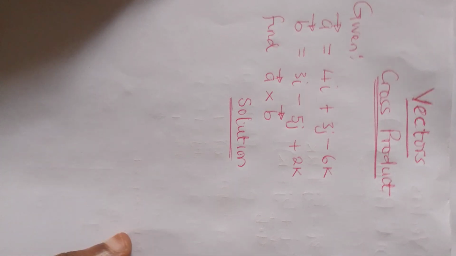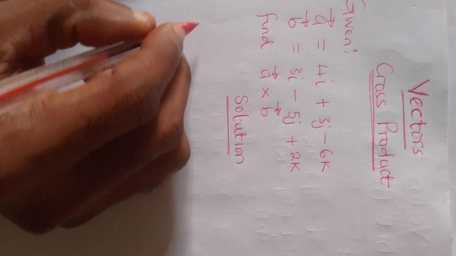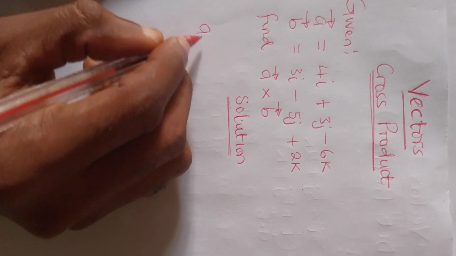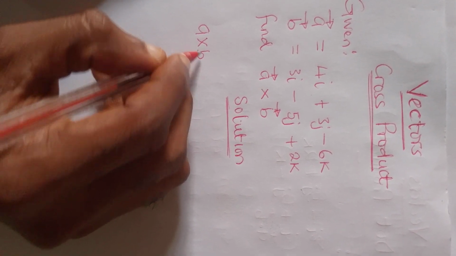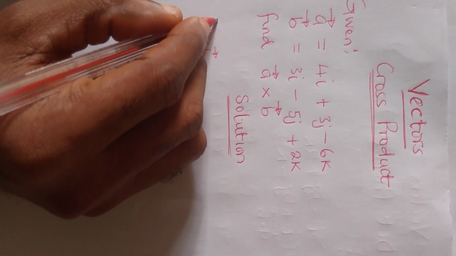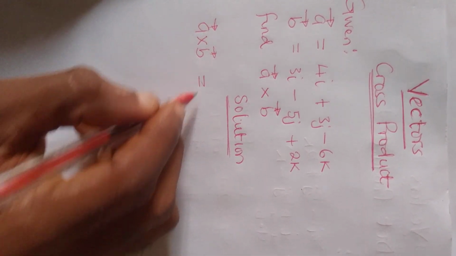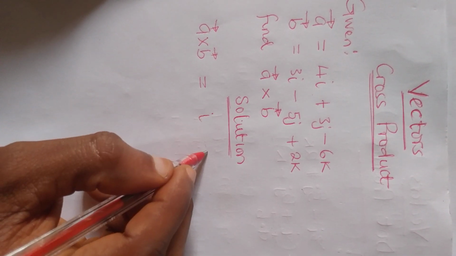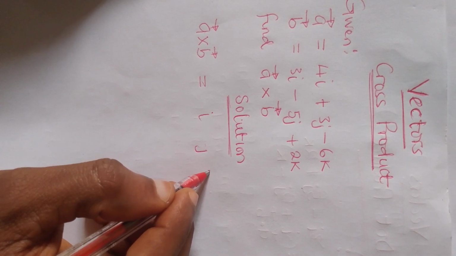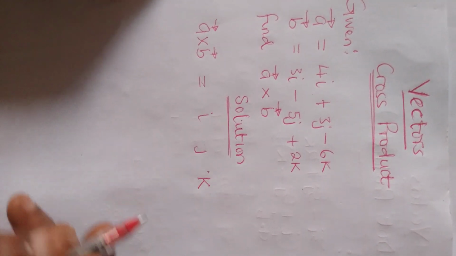And so to find the cross product of a given vector, we denote it by this. So we have the i, the j, and the k component.